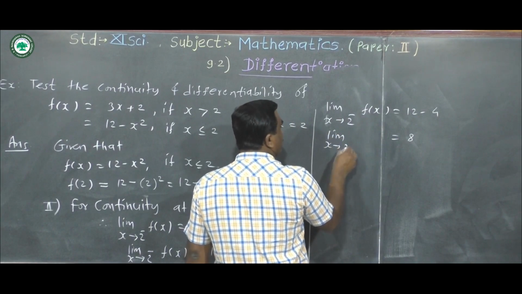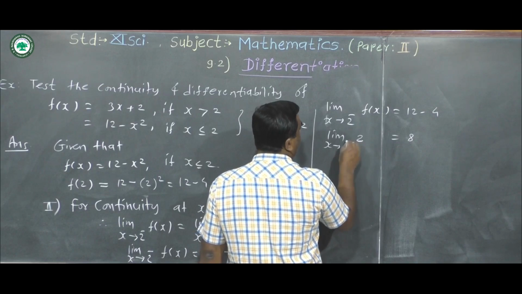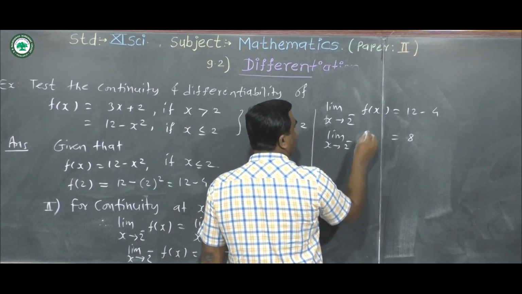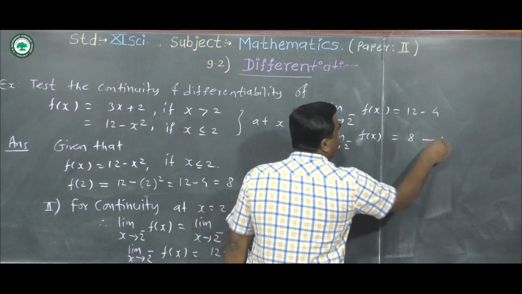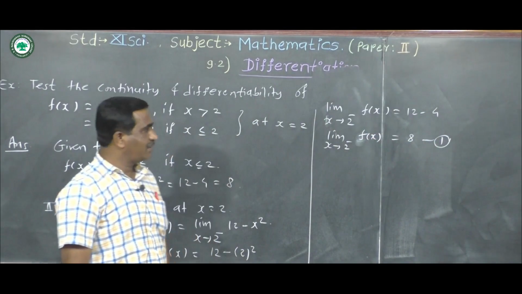Limit x tends to 2 from left, f of x equal to 8. Left hand limit is 8.